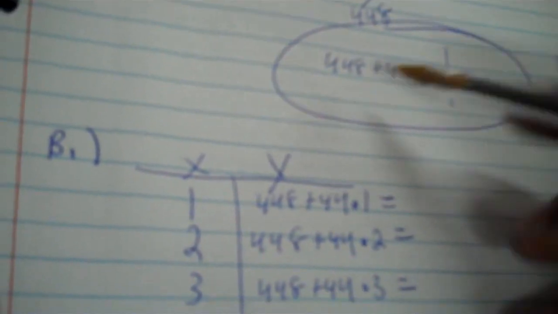Now here, 448 plus 44 times 2. Now I'm replacing the X with the number 2. 448 plus 44, and then X is 3, because X equals 3, so times 3. Then 448 plus 44 times 4.